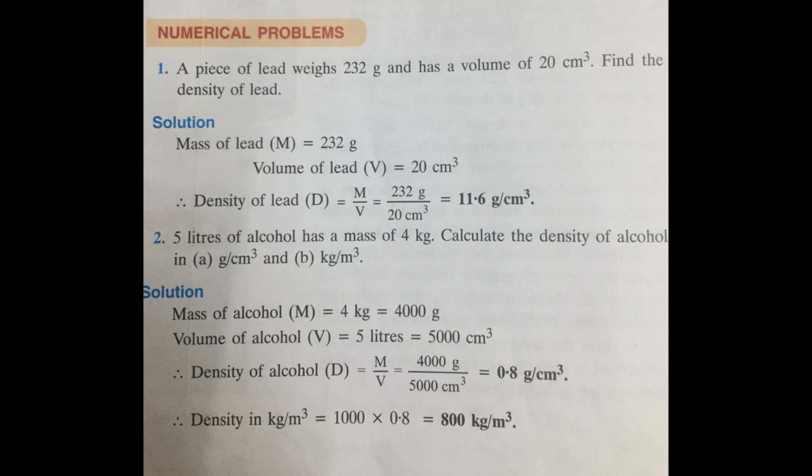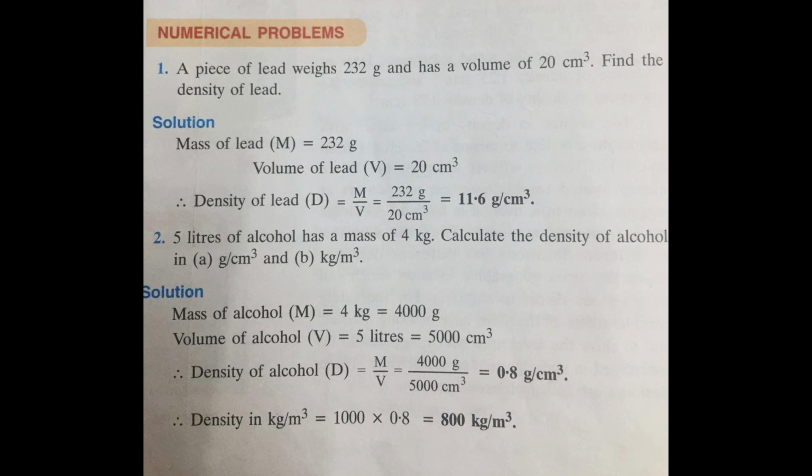Volume is 20 cubic centimeter. We know that density is equal to mass upon volume. So mass 232 grams divided by volume 20 cubic centimeter, and after dividing them the answer is 11.6 gram per cubic centimeter.